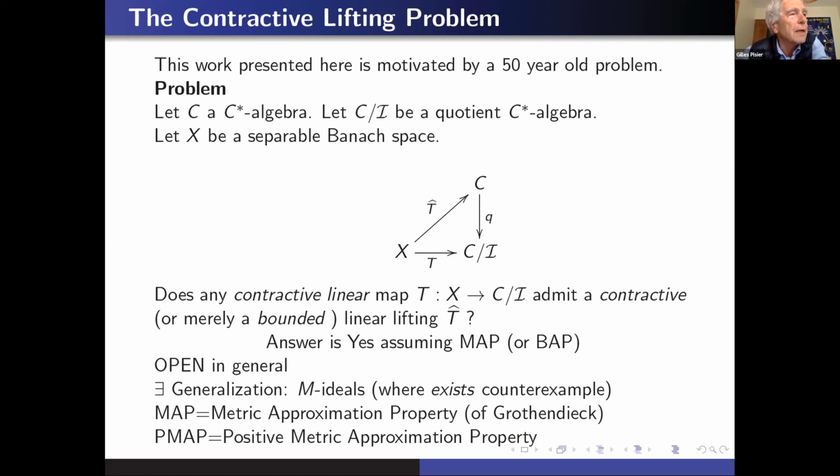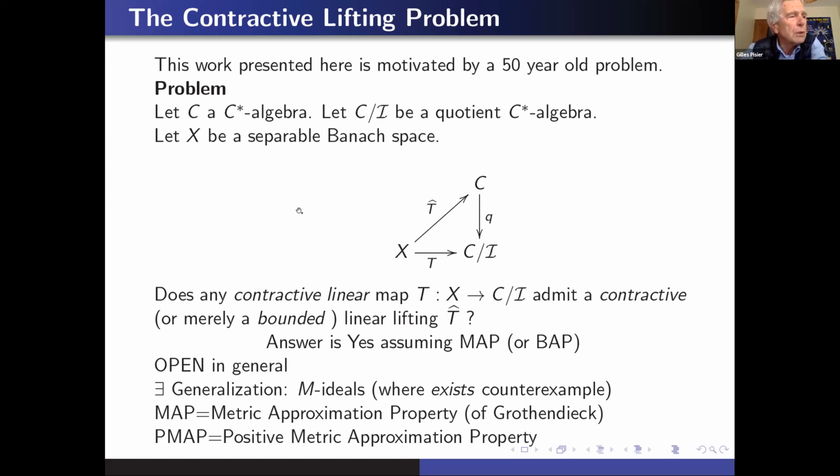So the problem is very simple. The original problem I'm interested in is the problem of lifting, when you have a C-star algebra and an ideal, and you look at the quotient C-star algebra. You take a separable Banach space X, and you have a contraction into the quotient, and you ask whether this admits a lifting. A contractive lifting is the best, but it's even open whether there always exists a bounded lifting.